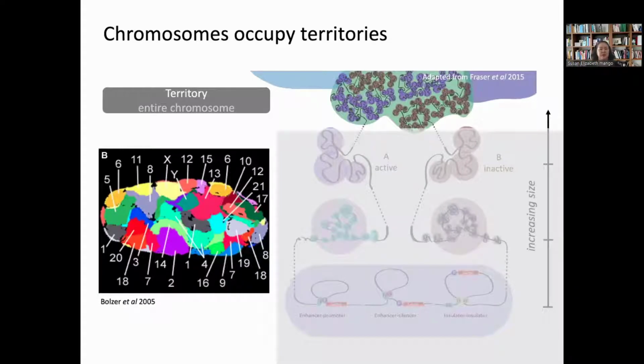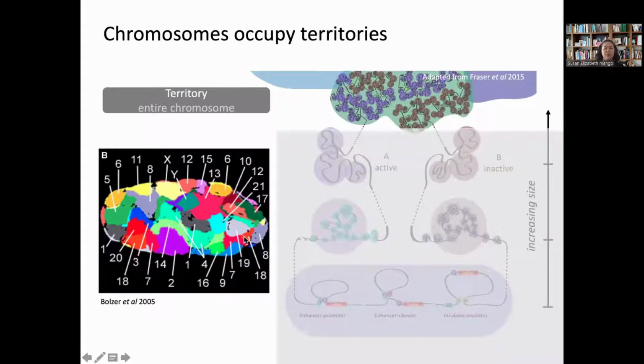So let's go through this. First, territories. The territory is for the whole chromosome. Here is actual data showing different human chromosomes that have been marked by in situ hybridization, all labeled here. What you can see is that they are placed in a discrete spot in the nucleus.